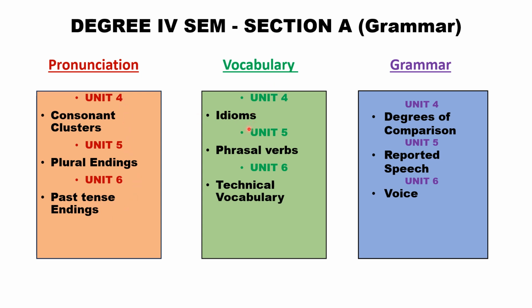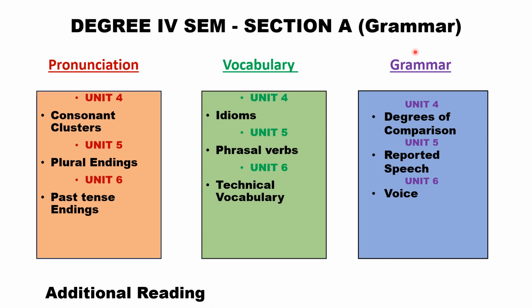And under vocabulary, you will get questions from idioms, phrasal verbs, and technical vocabulary from again Unit 4, 5, and 6. And for grammar part, you have degrees of comparison, reported speech, and voice. And apart from these, additional reading passages will also be asked in the examination.